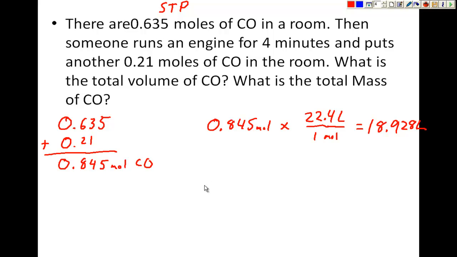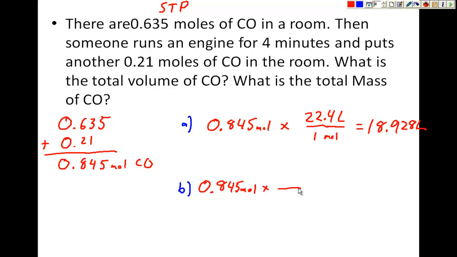The next part says, what is the total mass of carbon monoxide? So this was our part A, if we want to write it like that. And our part B is going to be, well, we have again 0.845 moles. We want to know what is the mass of this. We want grams.